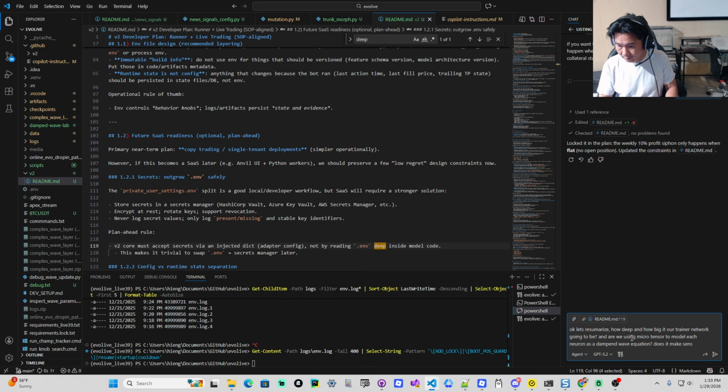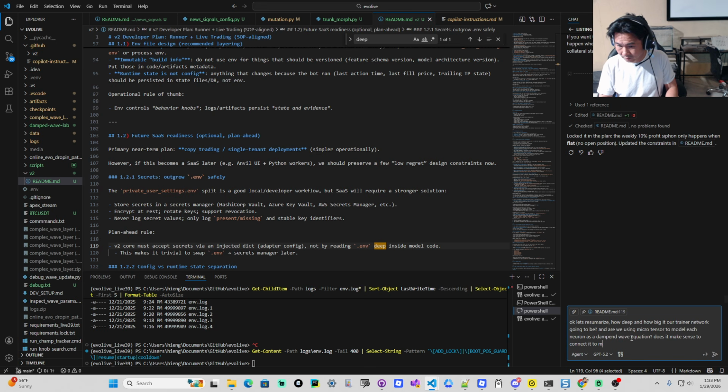Does it make sense to connect it to multiple neurons? Wave equations.